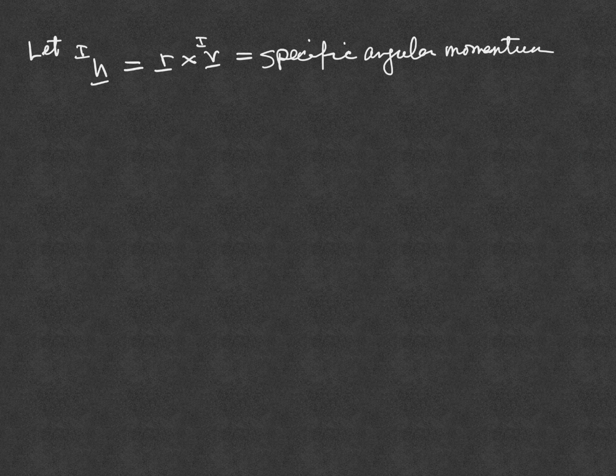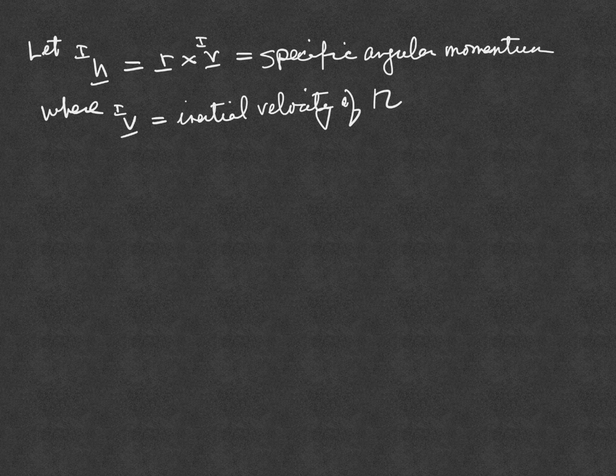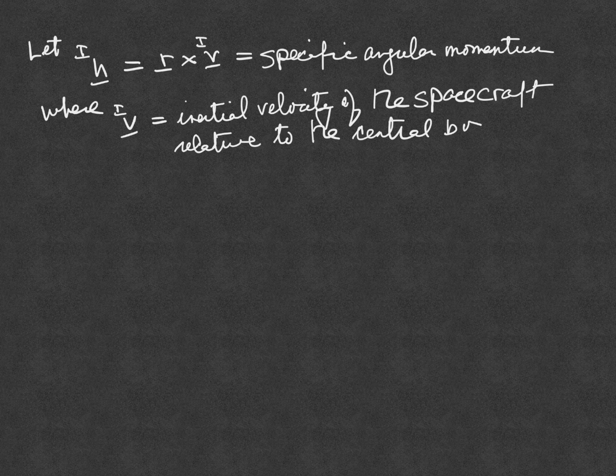Now the specific angular momentum is the vector product between r and VI, where VI is the inertial velocity of the spacecraft relative to the central body.